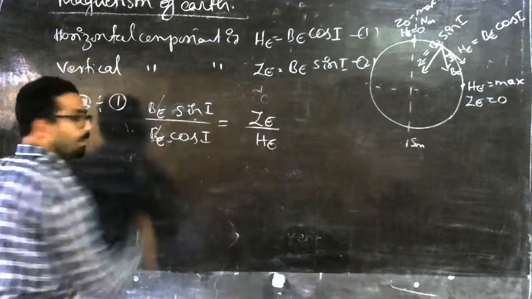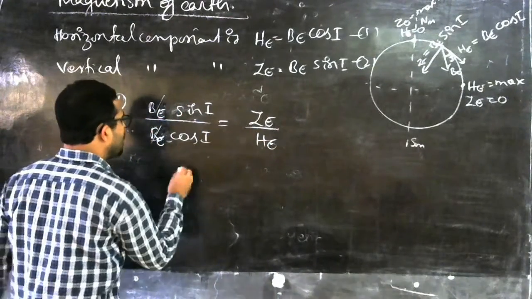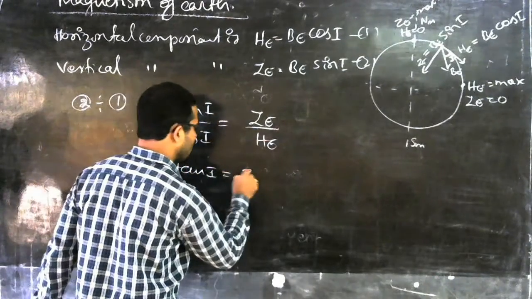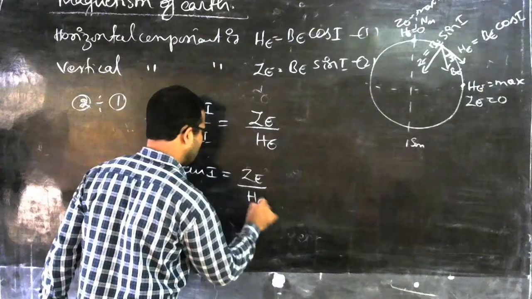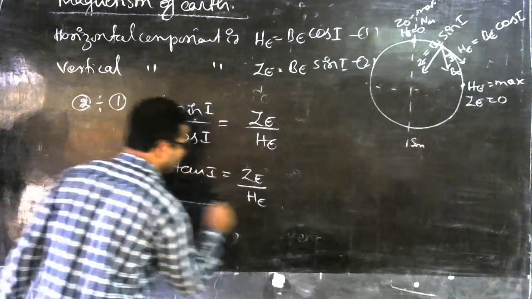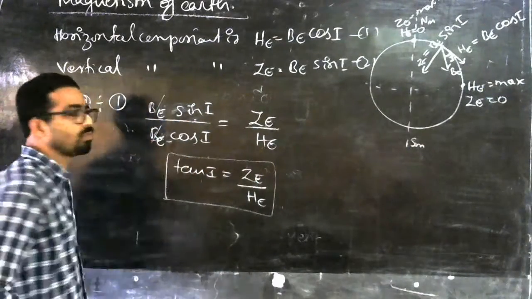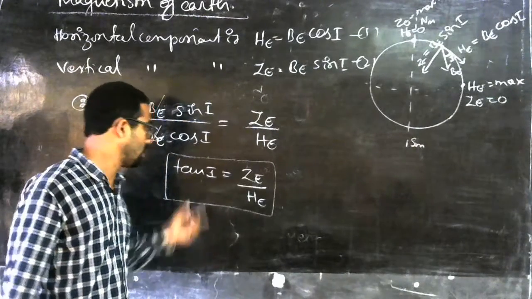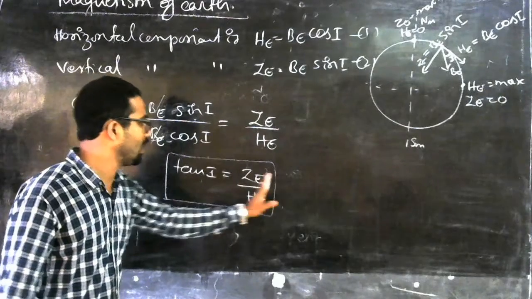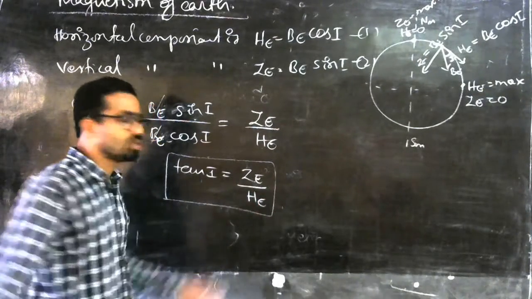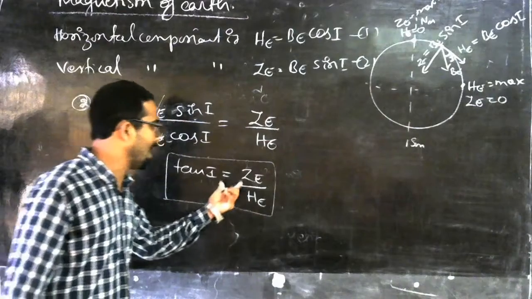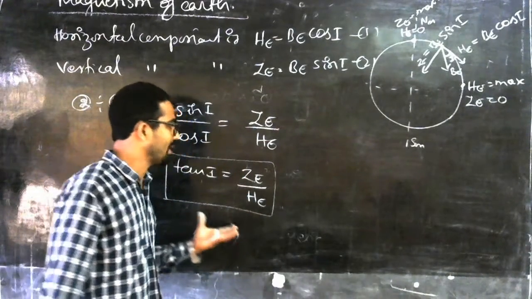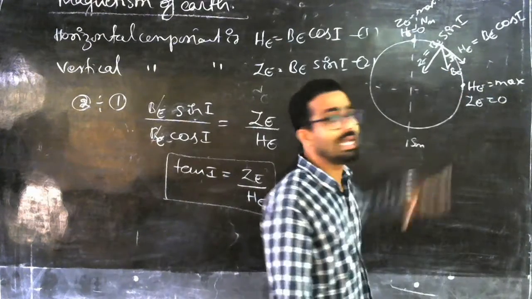So here BE cancels out. Sin I by cos I is equal to tan I, which is equal to ZE by HE. Using this, you can find the value of the angle of inclination or angle of dip. Taking the tan to the RHS, I is equal to tan inverse of ZE by HE. In this way, we can calculate the angle of inclination.